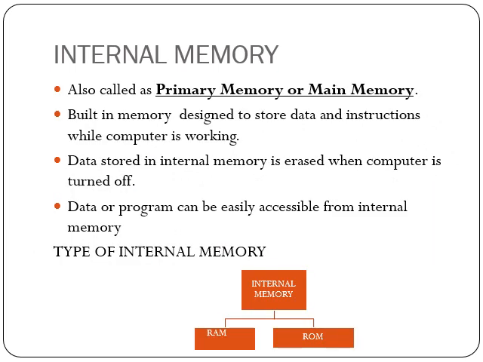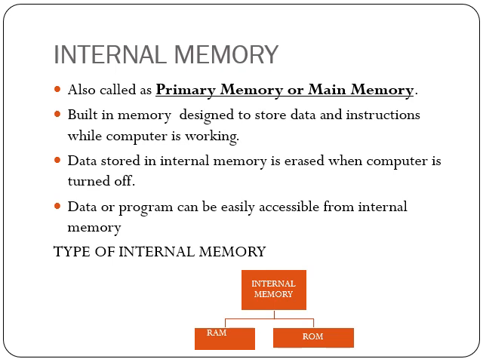Internal memory. Internal memory is also called primary memory or main memory. So what is the work of this internal memory? Internal memory is used to store data and instructions while the computer is working. Whatever information is stored in the computer stays there till the computer is on.